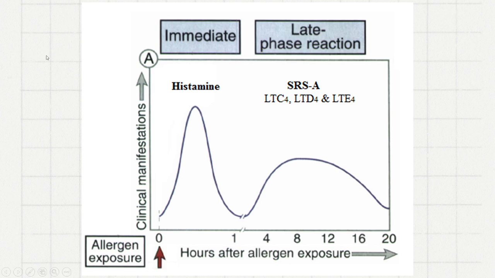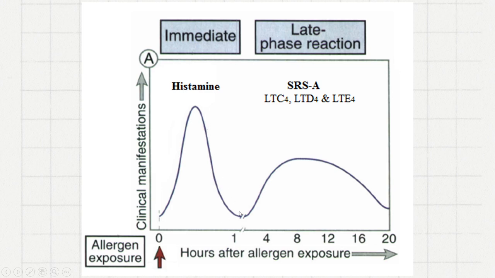In this graph, you can see the clinical manifestation of the immune response, and this here is an allergic response plotted against hours after allergen exposure. At time 0 there is nothing, and then after exposure, the first released inflammatory mediator will be histamine in the first hour.